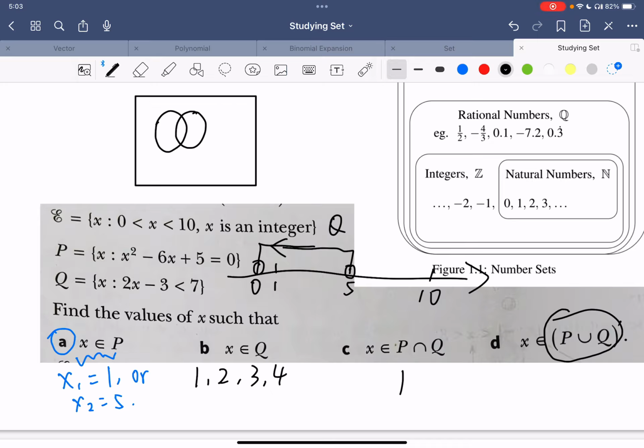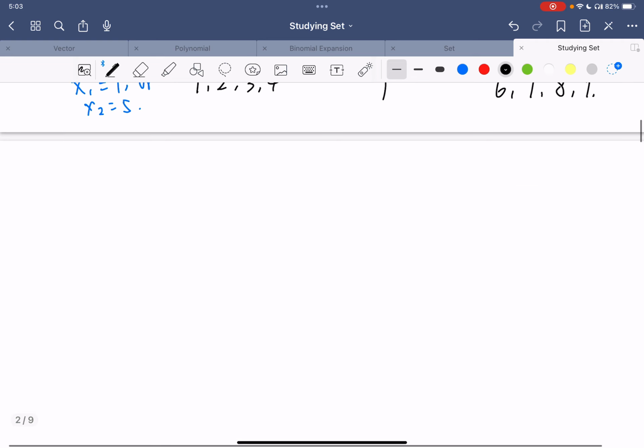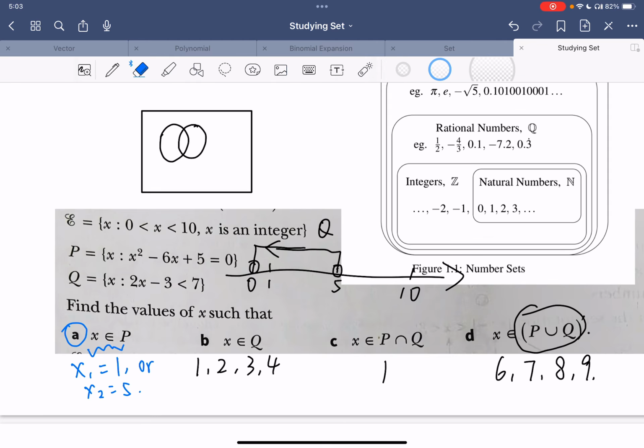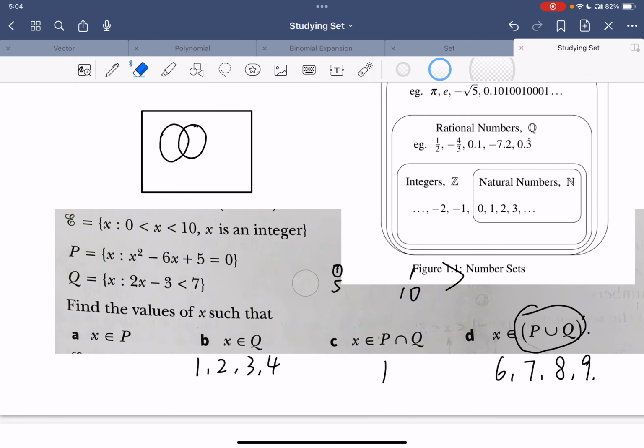So simply what we have left is 6, 7, 8, and 9, excluding the number 10, right? Because it's smaller, it's not smaller or equal. 6, 7, 8, 9. Okay, so you can check your answers with mine to see if you got them all correctly or something might be wrong. Then you need to check your procedures, your processes to see in which part you got it wrong.